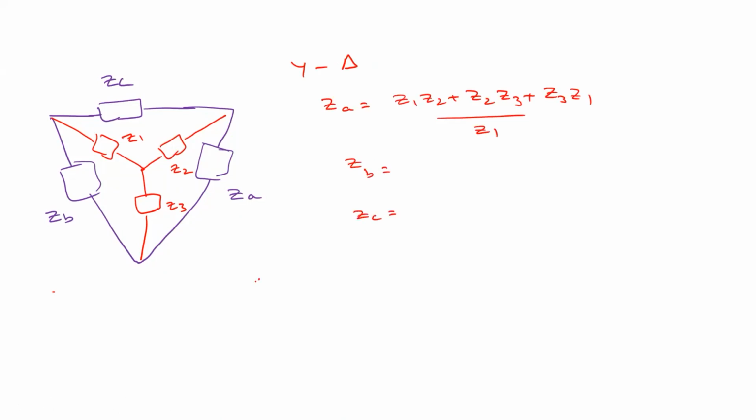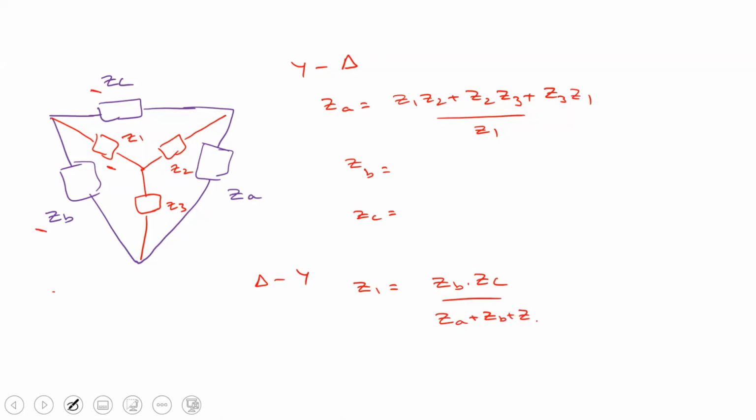So from delta to star, what is Z1? Z1 is ZB times ZC divided by ZA plus ZB plus ZC.